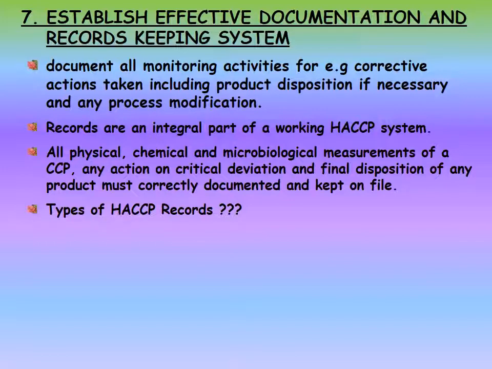Okay, so we can see from here types of HACCP record, including CCP monitoring activity record, record associated with establishing a critical limit, and then record associated with deviation and corrective action, and verification record.